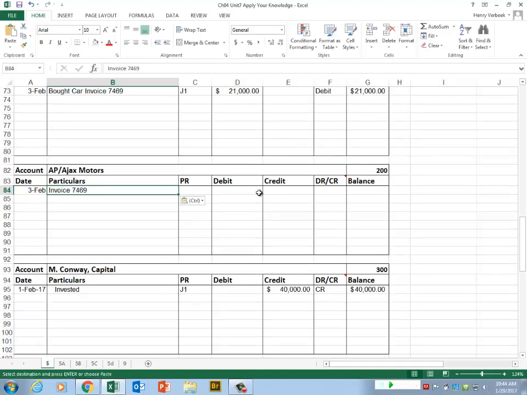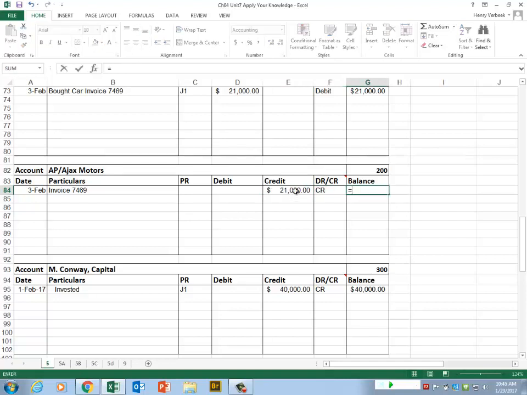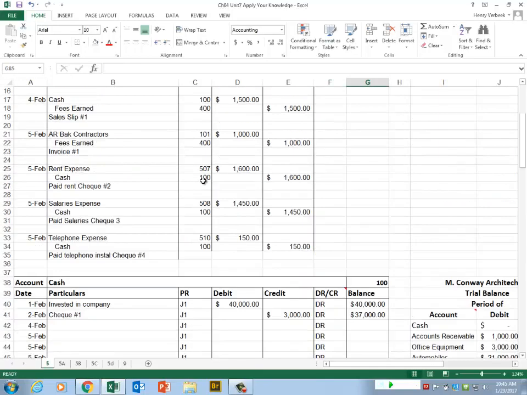And accounts payable is a credit, 21. So that is a CR, and that is equals 21,000. So you're starting to understand how to post.